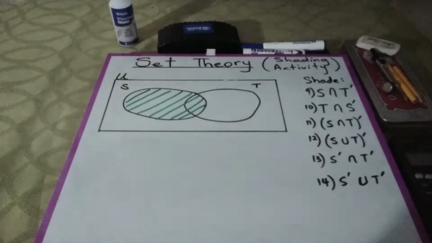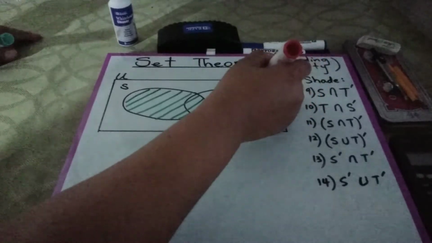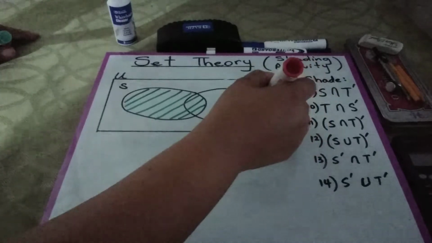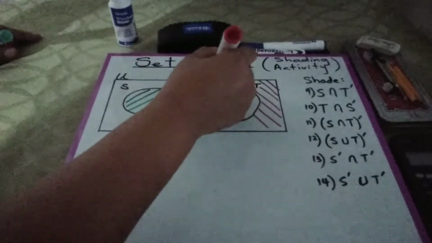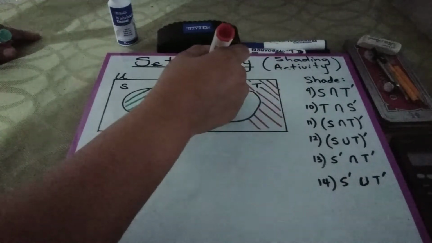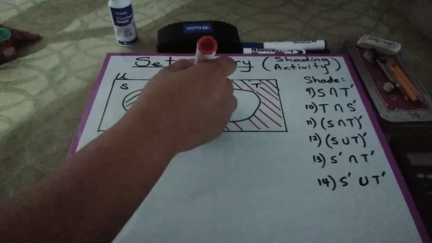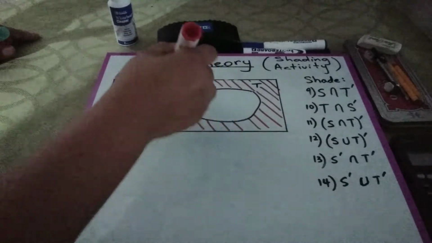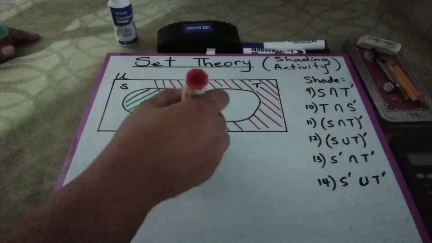Now T complement. T complement means what is not in T. So I'm going to shade all the areas that are not in T. So I can't shade anywhere in T, because if we shade anything in T, that means we're shading T. But we want to shade what is not in T. And where you see two different inks crisscross, that is the answer.